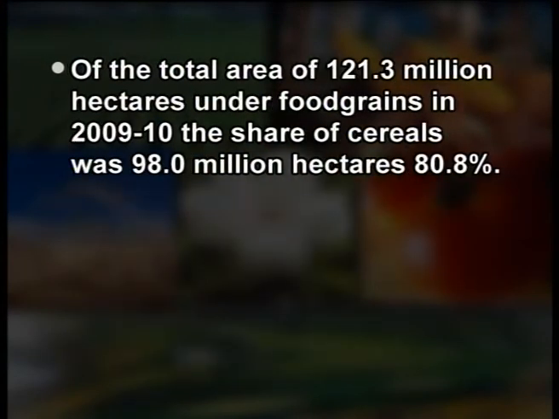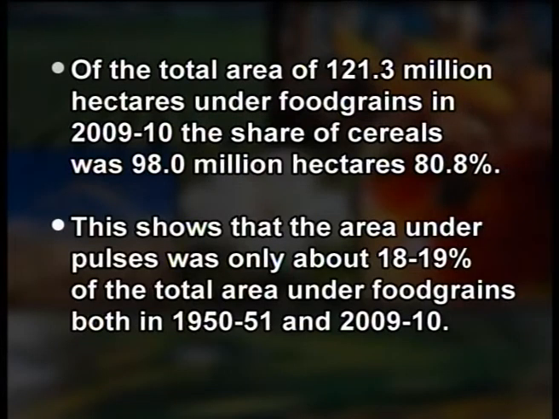Of the total area of 121.3 million hectares under food grains in 2009-10, the share of cereals was 98 million hectares, that is 80.8%. So this shows that the area under pulses was only about 18 to 19% of the total area under food grains, both in 1950-51 and 2009-10.